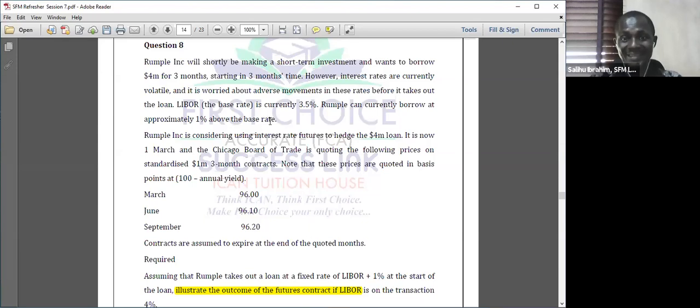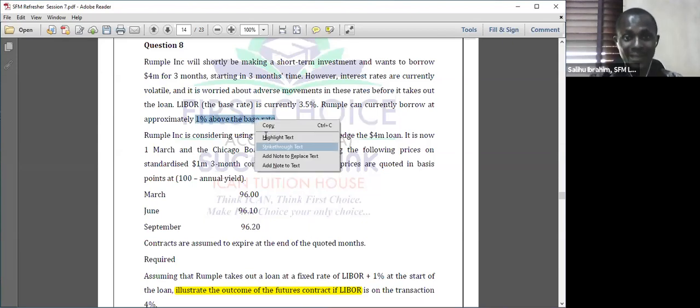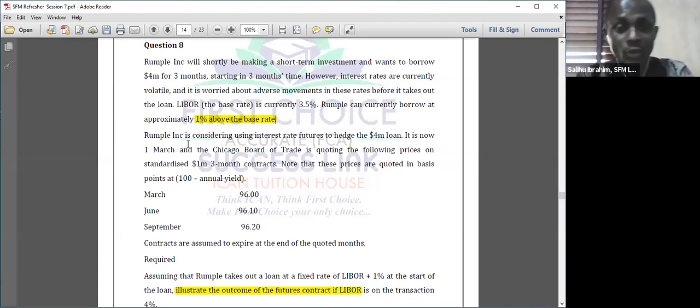Can you see that? That is the basis point we are talking about.